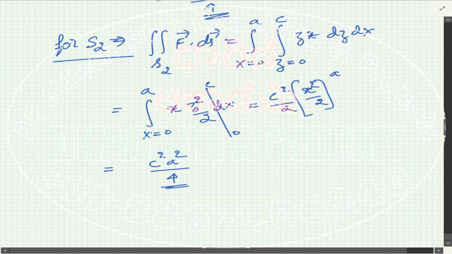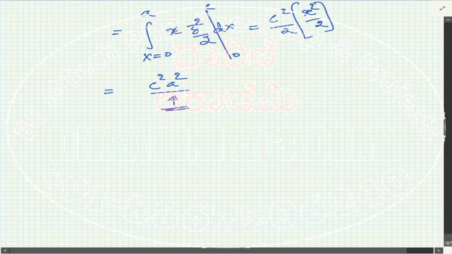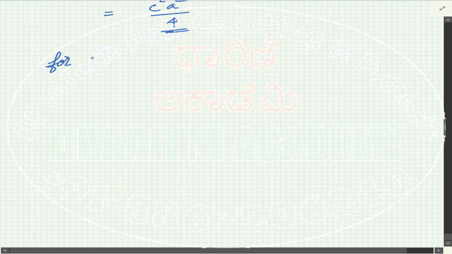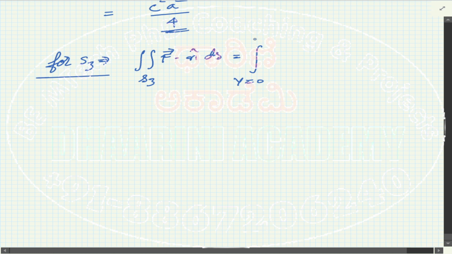Now we'll go ahead and calculate the other values, that is S3. So for the third region, the double integral over S3, this is vector f dot n cap ds is equal to, this is y varying from 0 to b and integral z varying from 0 to c.